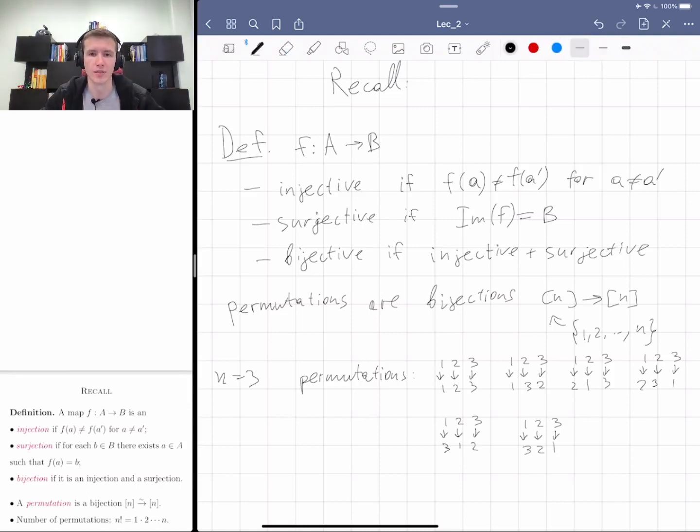These are the 6 possible bijections. So that's the previous material, and then I also did some more complicated stuff, which I'm not going to need anymore. Any questions on this or any other logistical stuff?